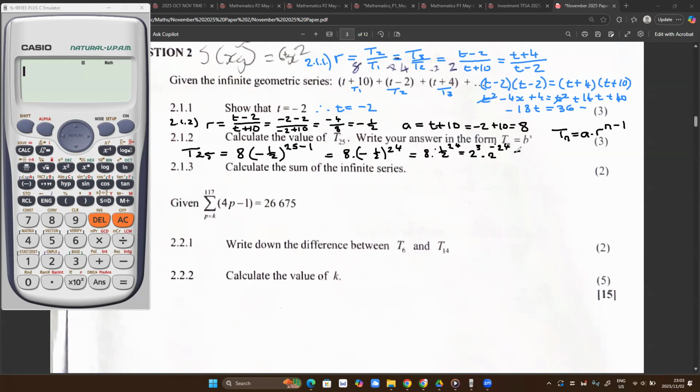And then we have it all as 2's. And so we get 2 to the minus 21. And that's in the format that they ask. So T25 is equal to 2 to the minus 21.